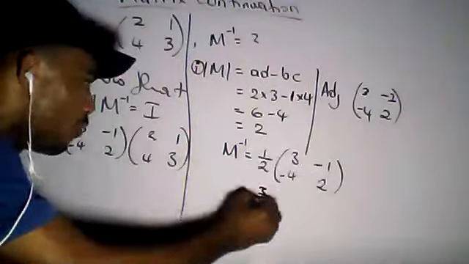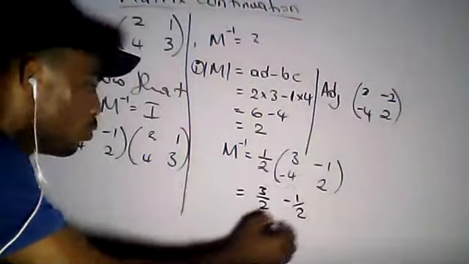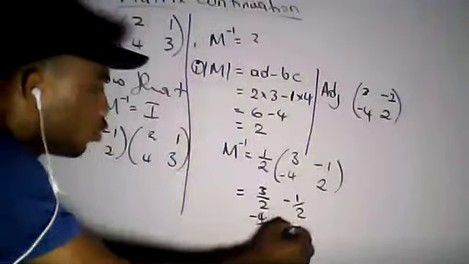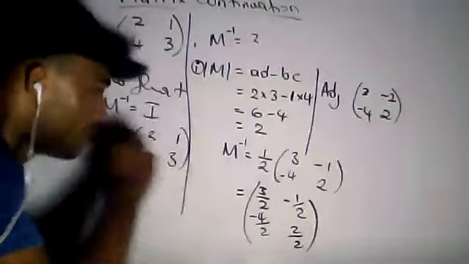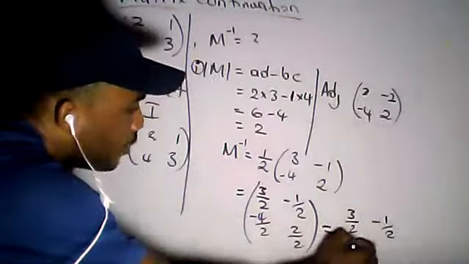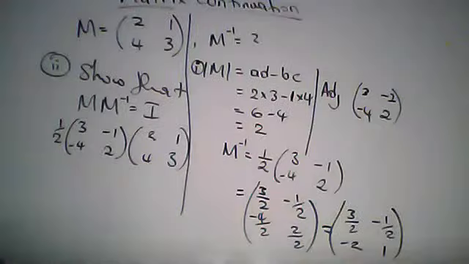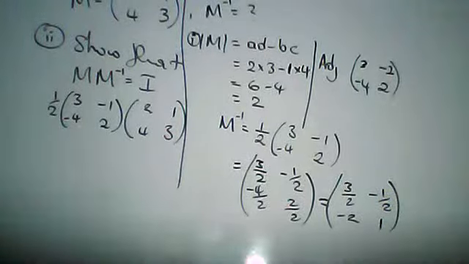So you're going to have 3 over 2, minus 1 over 2, minus 4 over 2, which is 2 over 1, and then you simplify it. If you feel comfortable doing that, nothing is wrong with it.